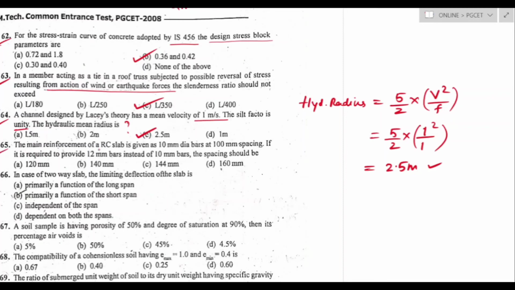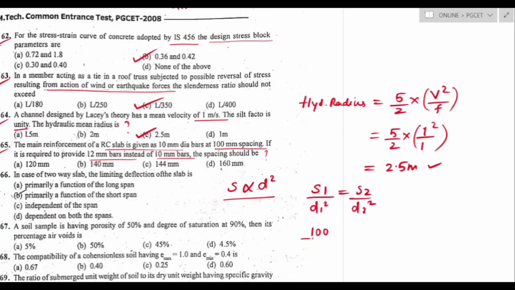Question number 65. The main reinforcement of an RC slab is given as 10 mm diameter bars at 100 mm spacing. If it is required to provide 12 mm bars instead of 10 mm bars, the spacing should be? By replacing 10 mm bars by 12 mm bars, the spacing will increase as follows. Since spacing is directly proportional to the square of the longitudinal bar diameter, S1 divided by D1 square is equal to S2 divided by D2 square.